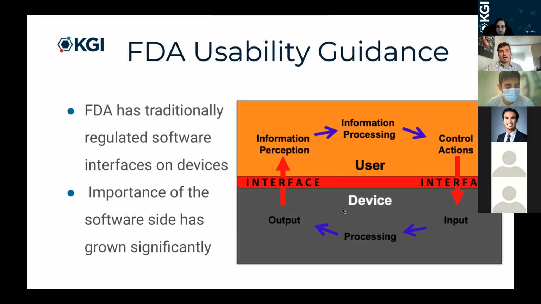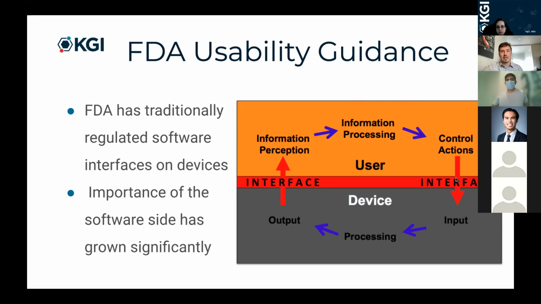So in terms of the device user interface, essentially the device is going to have an output. And somehow that output needs to be perceived by the user. And then the user needs to process that output and turn that into some sort of action, right? So maybe they see that the heart rate is going up and therefore they're going to take some sort of action to stabilize the heart rate.